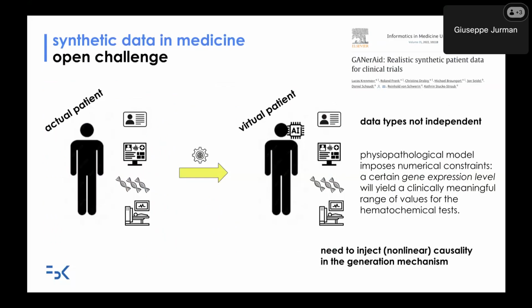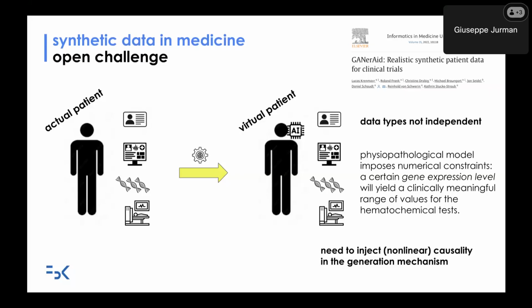Okay. Finally, the last slide about what is the real challenge now for using synthetic data in medicine. I talked about omics data, but clearly I showed that there are also EHR data or imaging data. So if, starting from all the clinical data of a patient, we want to construct a whole virtual cohort of patients, we need to generate all the associated synthetic data, okay, clinical lab exams or radiological data or genetic or genomic data or imaging.